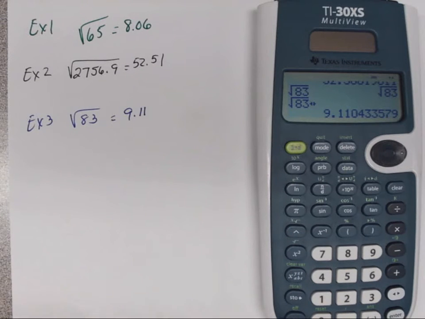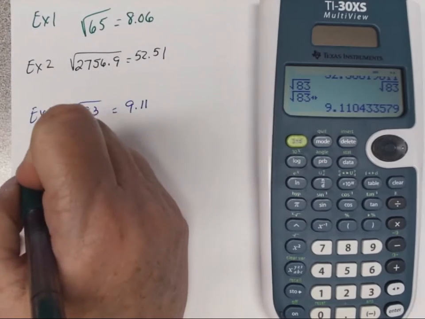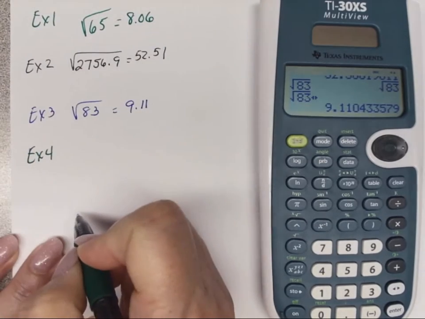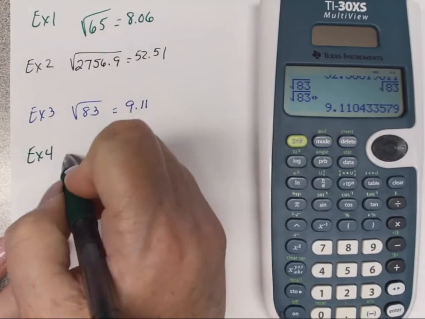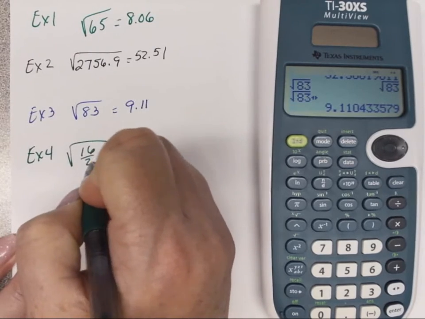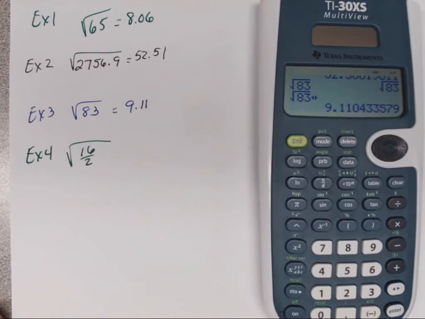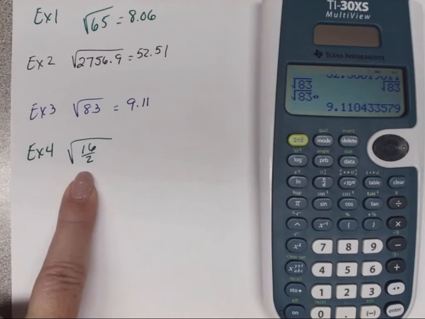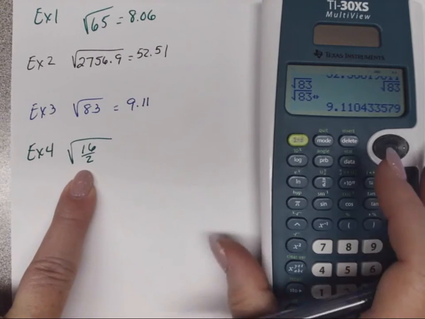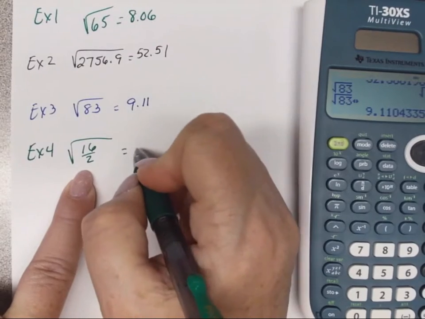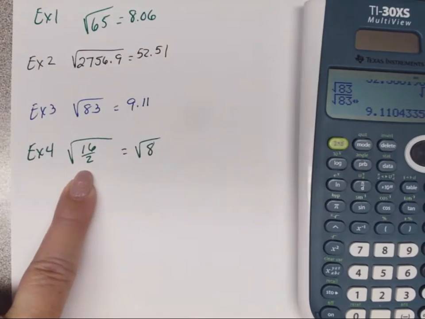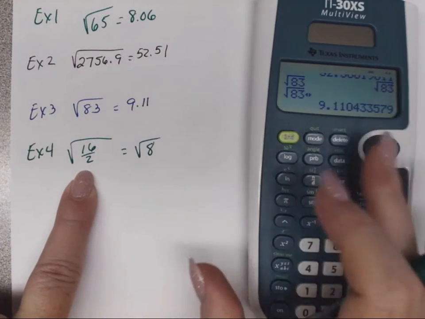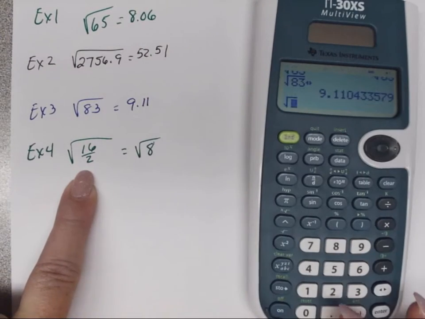All right, let's step it up just a little bit. Let's look at example 4. For example 4, we are given the square root of 16 divided by 2. So we have to do some math before we take the square root. The 16 divided by 2 will reduce to the square root of 8, because 16 divided by 2 is 8. And then second square root of 8.